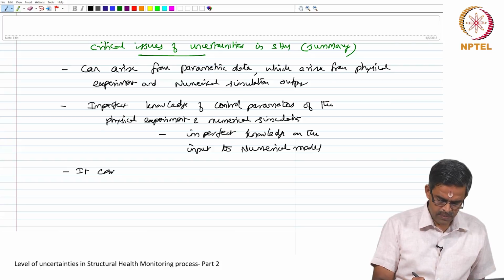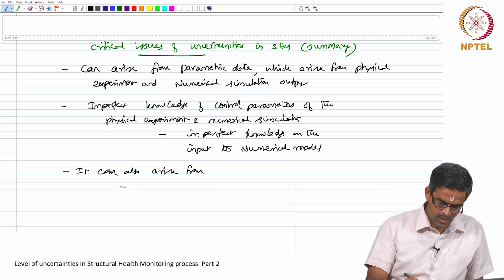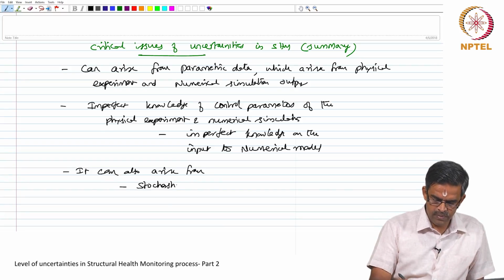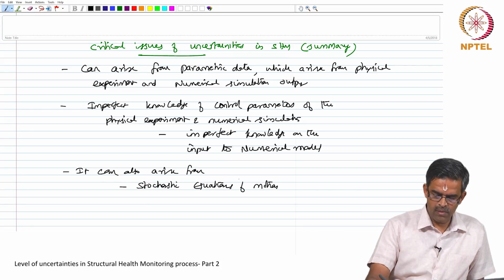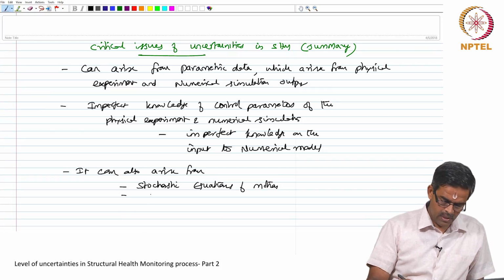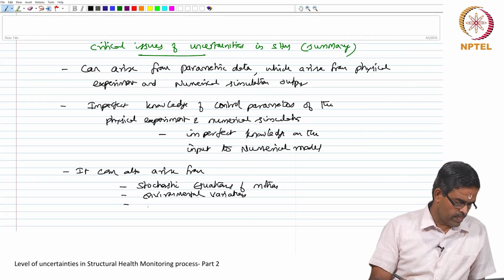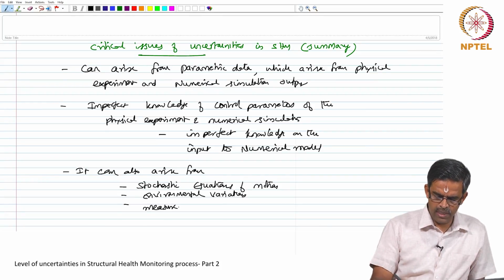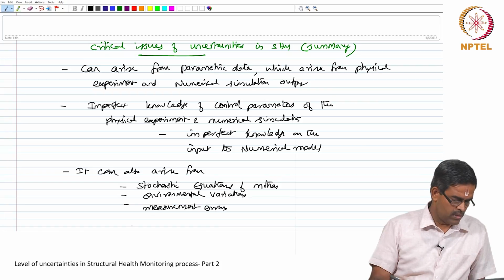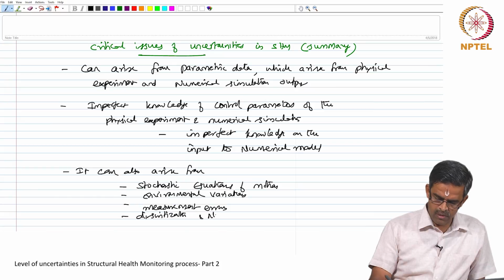It can also arise from stochastic equations of motion, environmental variations, measurement errors which are human based, and can also come from discretization and numerical errors.